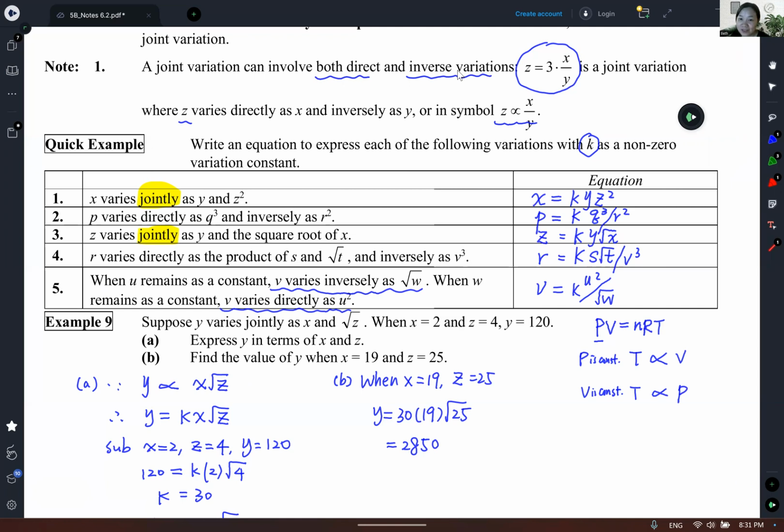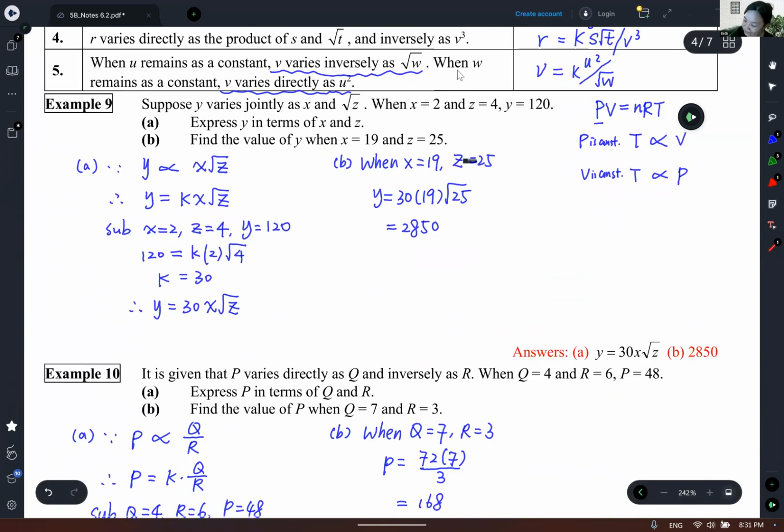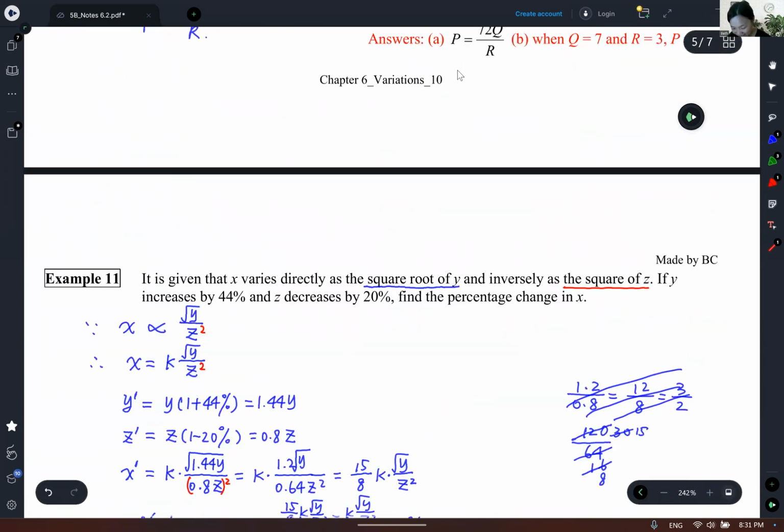That's the only way to understand it. Okay, so sometimes even if the word is not mentioned, you still should assume there is a joint variation. Why? Because there is another one.